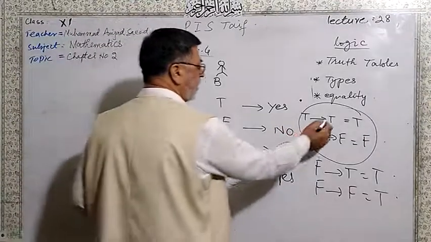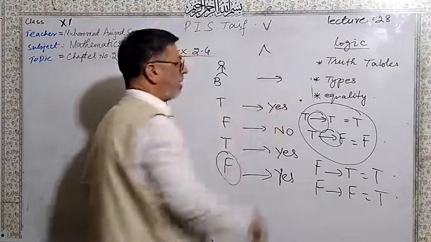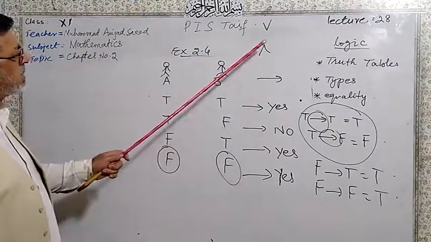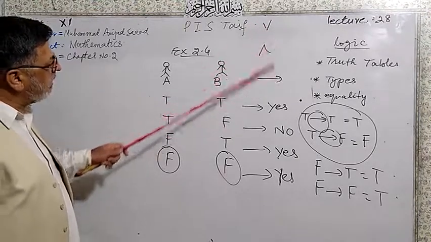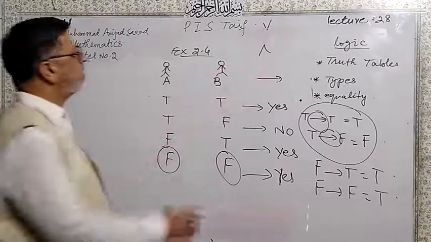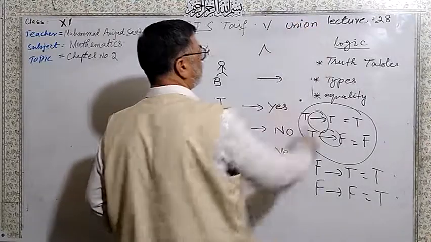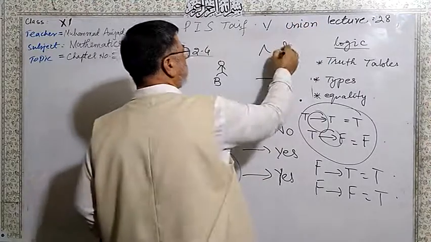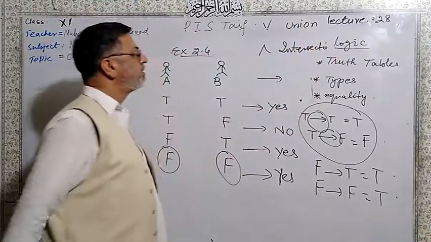Don't mix this implies sign with and or. Sometimes students think these things are similar. No, not at all. Here, or is union and this is intersection. Remember, I told you already.